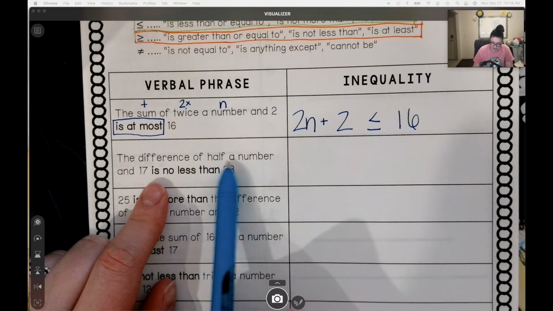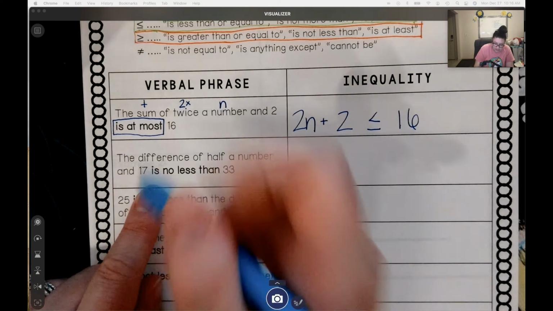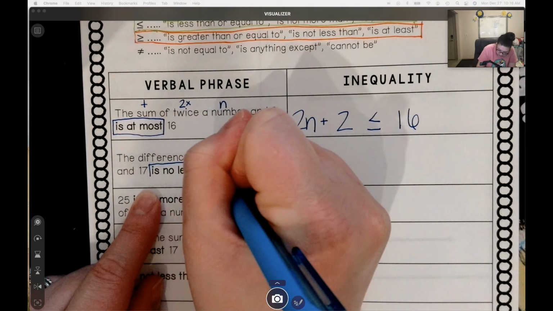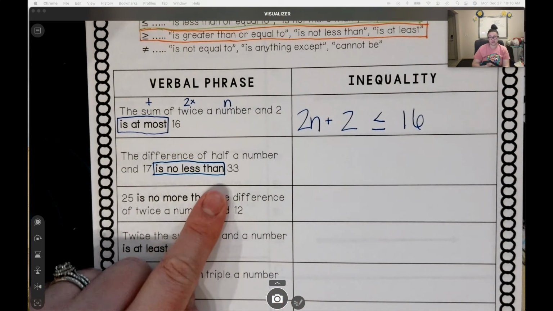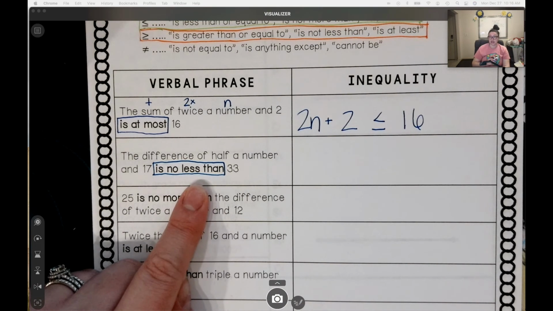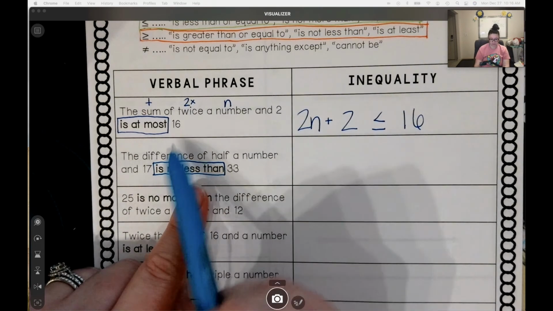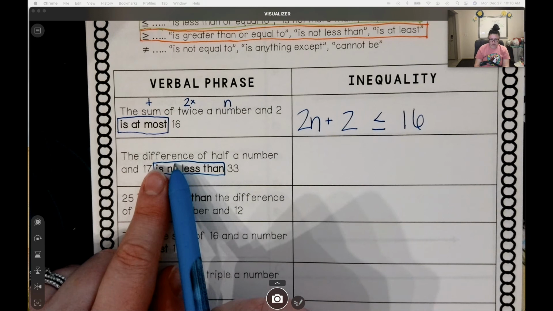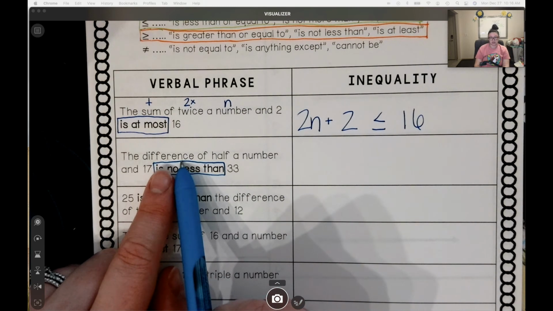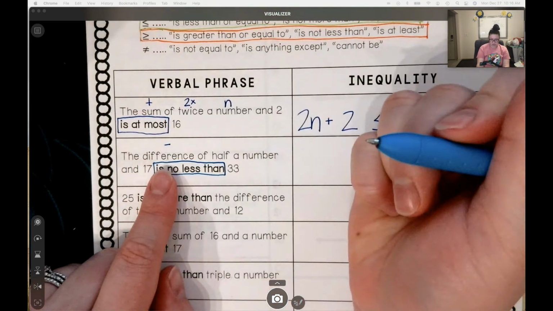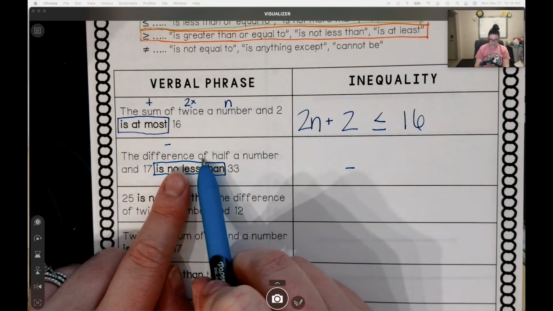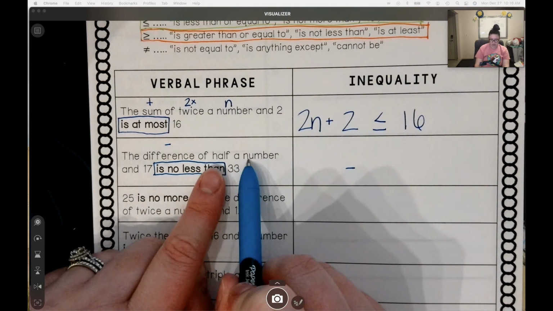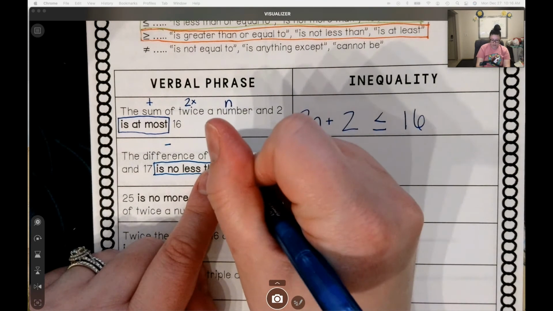The difference of half a number and 17 is no less than 33. Let's save the inequality here for last. Let's see if we like it maybe this way better. The difference. What does difference mean? Subtract. So let me throw in my subtraction sign. Of half a number, 1/2.